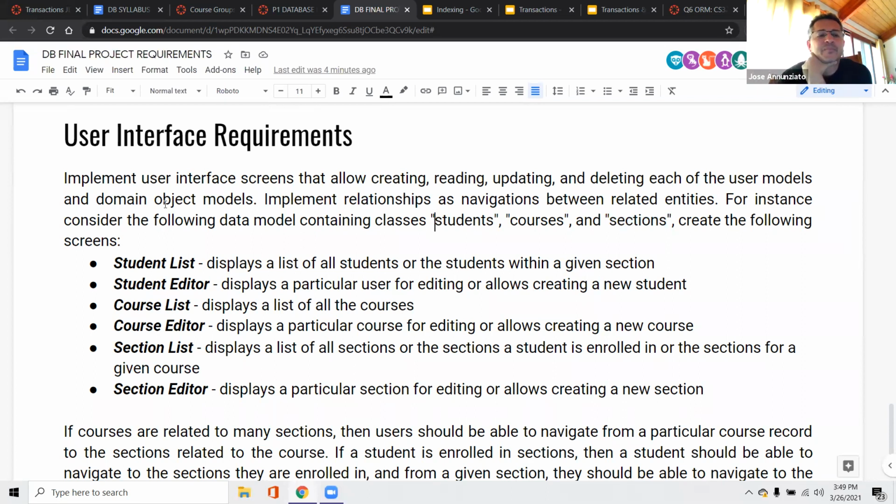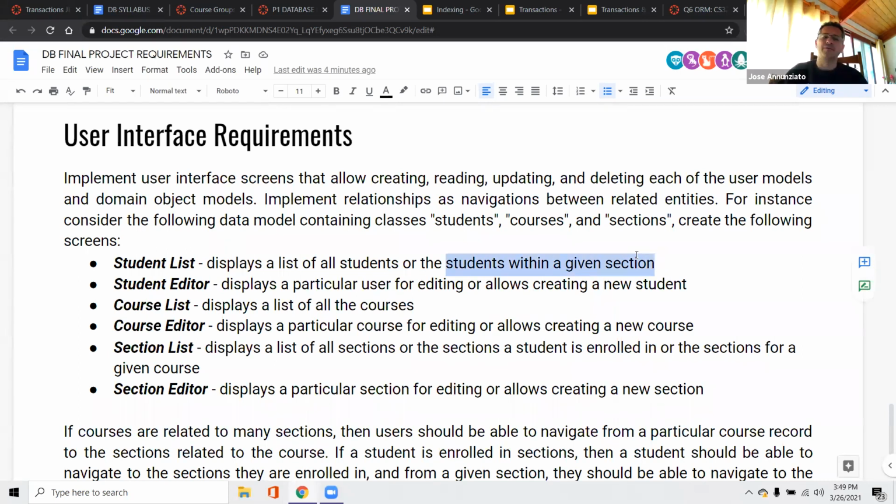So for instance, there should be a student list that typically would show the list of all the students, at least that's how we were using it in DB8. But that same list could also be used to display the students for a given section.